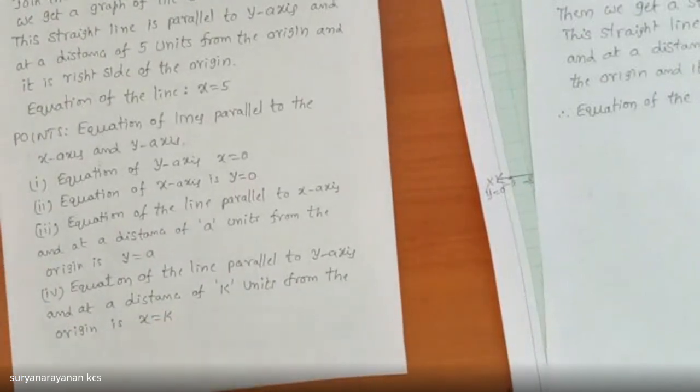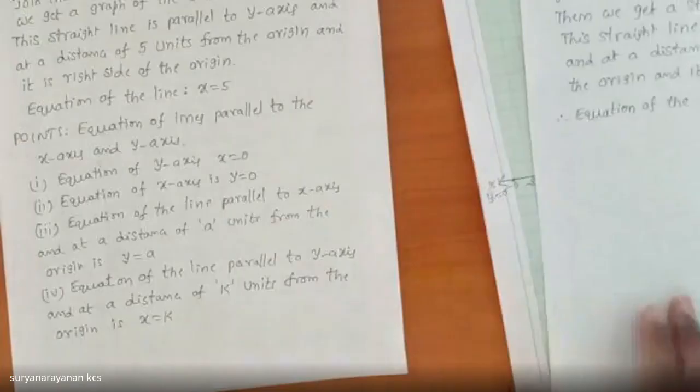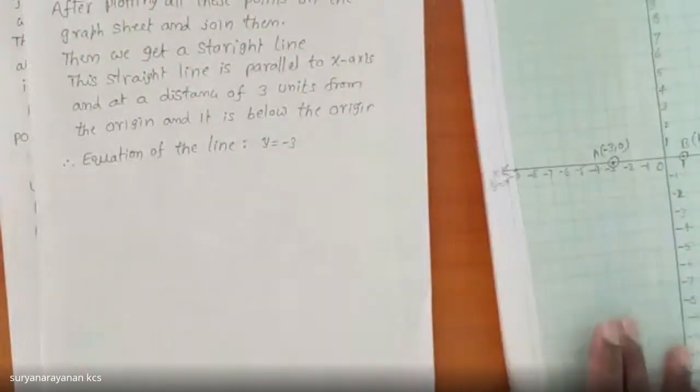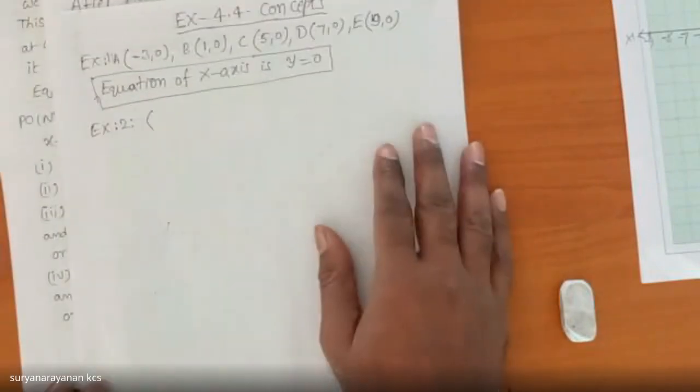Okay, my children. Sir, even we must write it in the graph, no, sir? In the graph notes. For the previous graphs, we wrote in that graph itself, y equal to 0. Yes. See here, I wrote the equation of the x-axis is y is equal to 0.